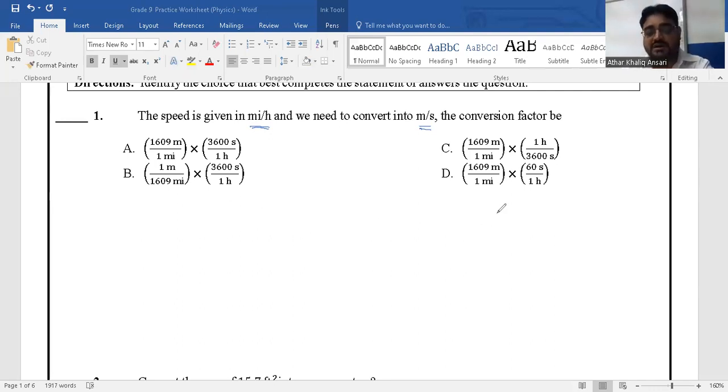Before I start, I need to know the relationships. If I remember them, that's very good. If I don't, we can see these relations from the book and we can find them on Google as well.